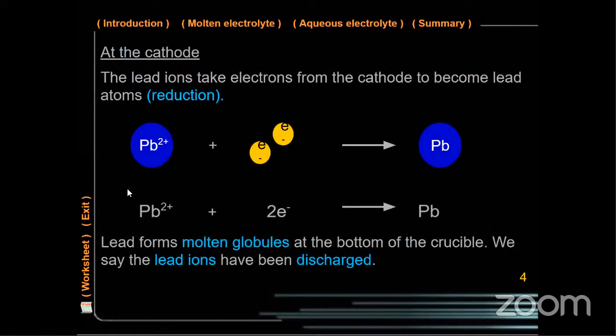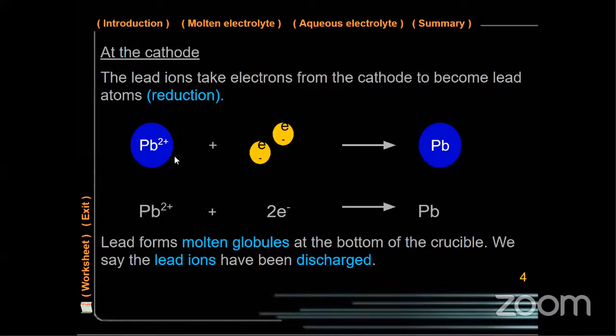Now, let's talk about what's happening at the cathode. We said cations go there. Lead(II) ions, in this case, of the lead(II) bromide, go to the cathode, where they receive electrons and become discharged. Pb2+ has a charge of 2+, that means it needs 2 moles of electrons to form 1 mole of lead.